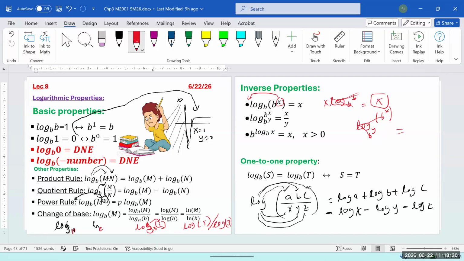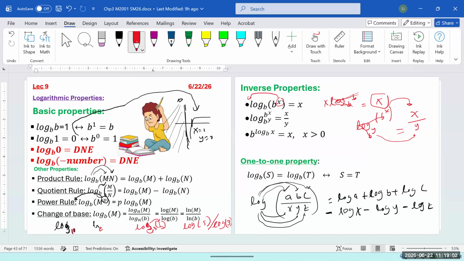What you do with the powers is take the argument's power, put it on the numerator, and divide it by the power on the base. So the result is the power on the argument divided by the power on the base.